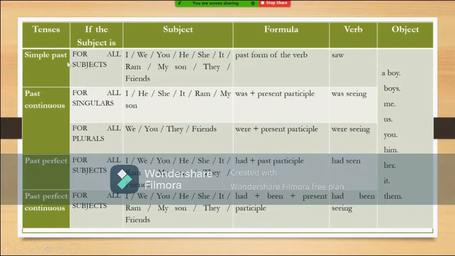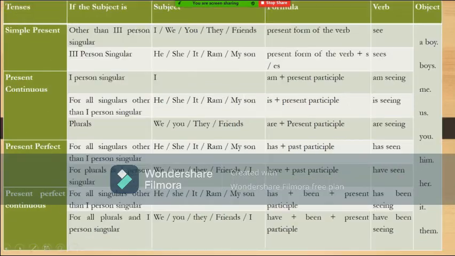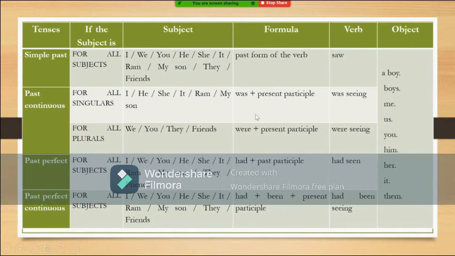For all subjects, in continuous, whenever I say continuous, you must think of present participle. Here you have seeing. Alright. So, it is correct. It indicates continuous. For present tense, we had 3. What are those 3 auxiliary verbs? Am, is, are. But here, we have only 2. Was and were. Exclusively for I, we had an auxiliary verb in present.